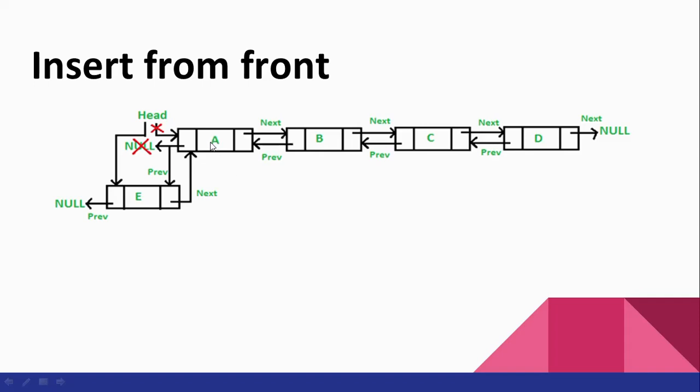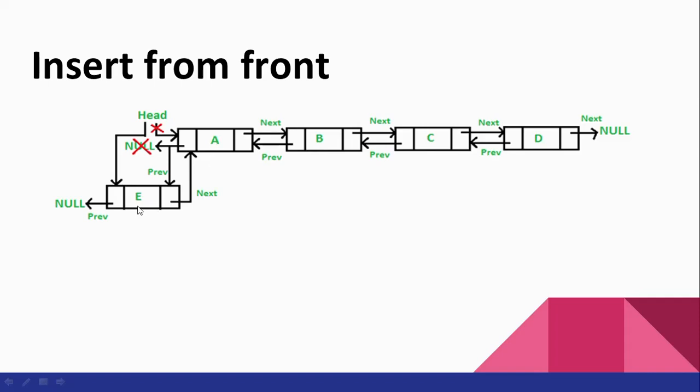The first node A has its next pointer pointing to node B, which is next to node A, and since it is the first node of the linked list, its previous pointer points to the null value. That means there is no other node previous to node A. So this is the first node of the linked list.